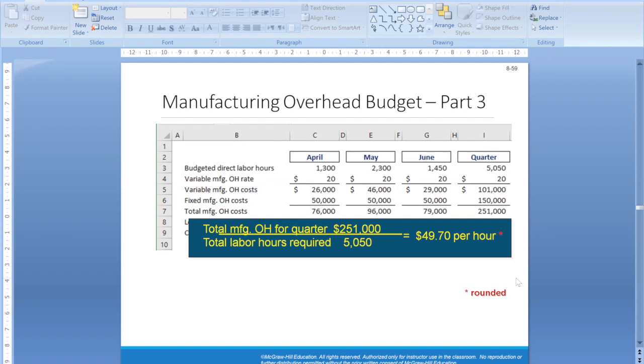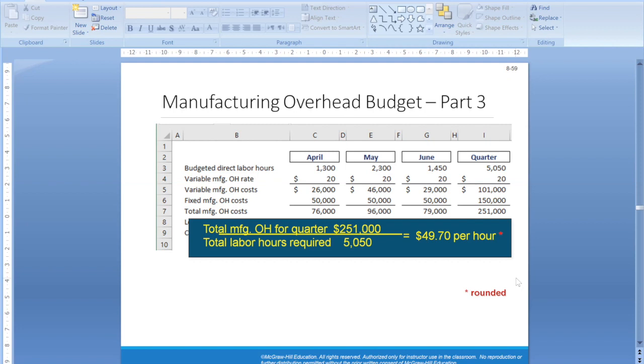Now the rate, or the expected rate or the allocation rate, we sometimes call it the manufacturing overhead allocation rate for 1 hour, is equal to total manufacturing overhead costs divided by total activity, which is labor hours here. So total manufacturing overhead is always divided by the activity that we need to use. In this example, we have the labor hours as our activity.